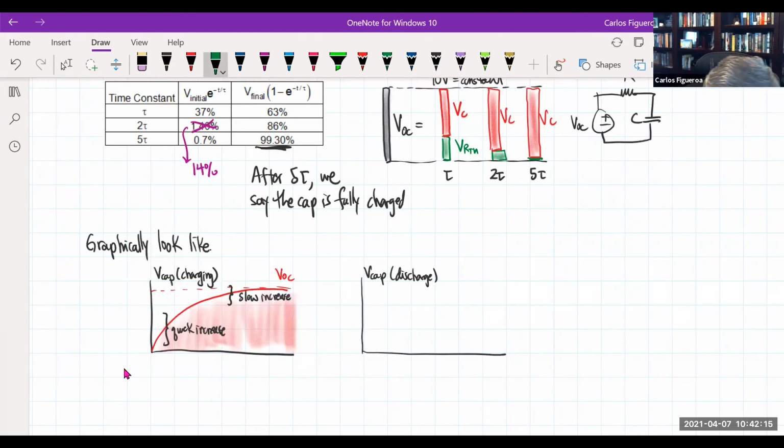If I have a discharging cap, we're approaching VC here, and again, right in here, we have a very rapid decrease. And then as I go from here to here, it's a very slow decrease.